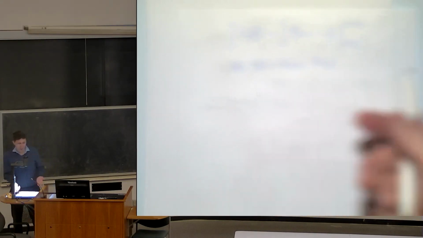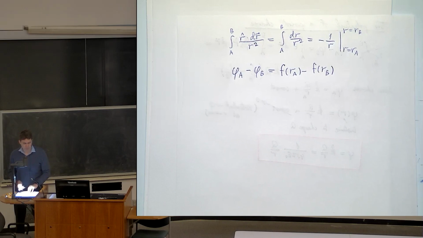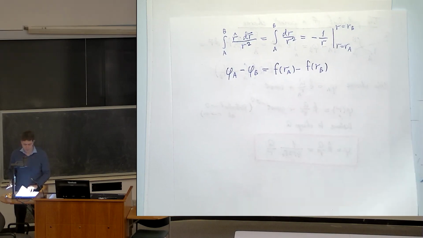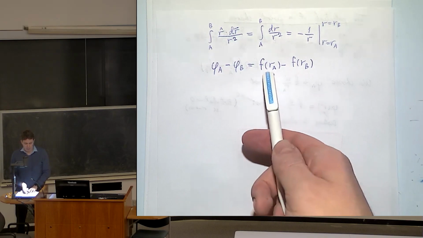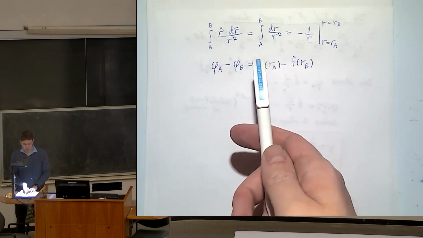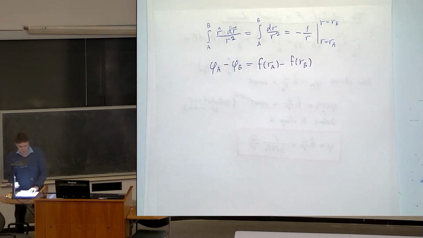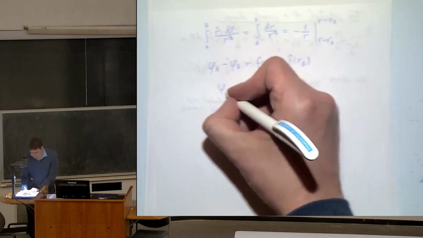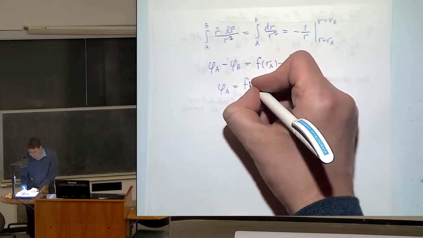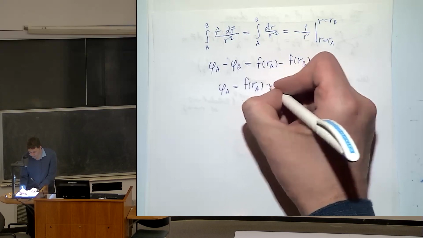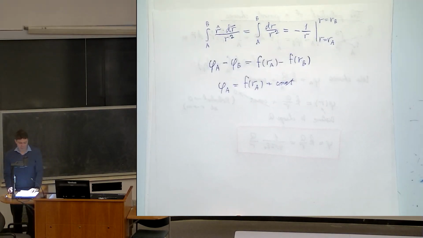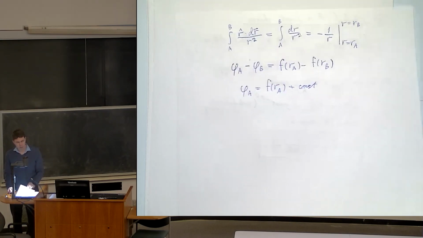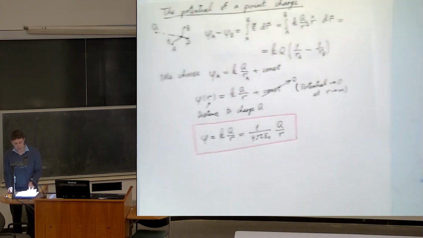It just happens to be representable like this. And if that always holds for arbitrary Ra and Rb, then it's convenient to just say that phi A equals f of Ra plus a constant, and say the same thing about f of Rb. And yeah, that's what we did here.